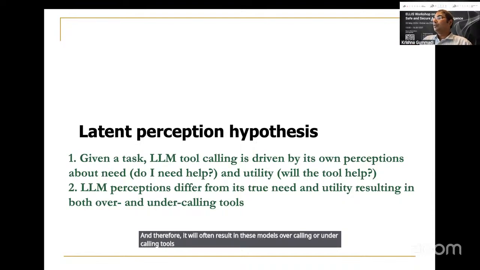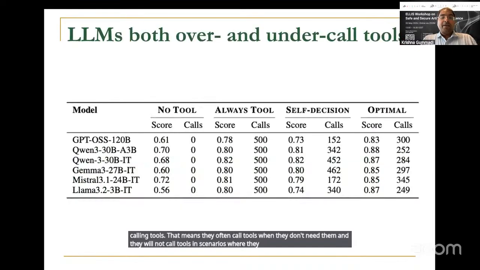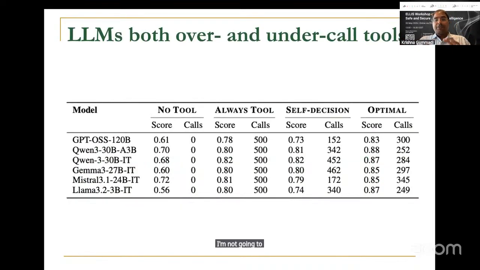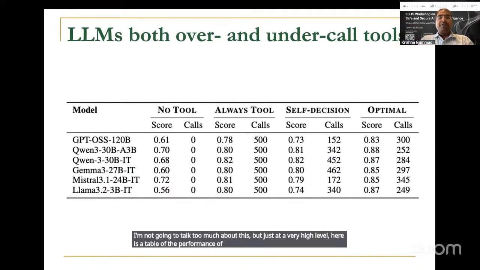That means they often call tools when they don't need them, and they will not call tools in scenarios where they do need them. I'm not going to talk too much about this, but just at a very high level, here is a table of the performance of different types of GPT, different types of open models: GPT, Qwen, Gemma, Mistral, Llama.